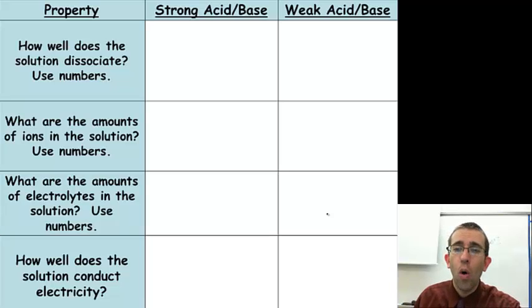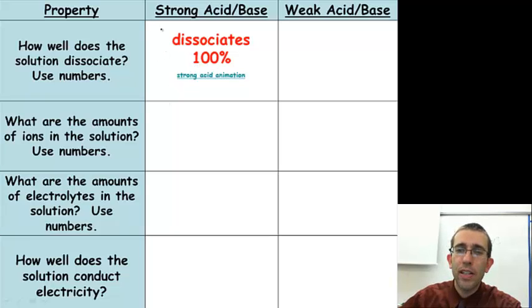So here we go. We're going to look at the difference between strong acid and weak acid, strong base and weak base. So, how well does the solution dissociate? A strong acid and base dissociate 100%. That means when you put the acid or base into water, it completely breaks up. So HCl is a strong acid.